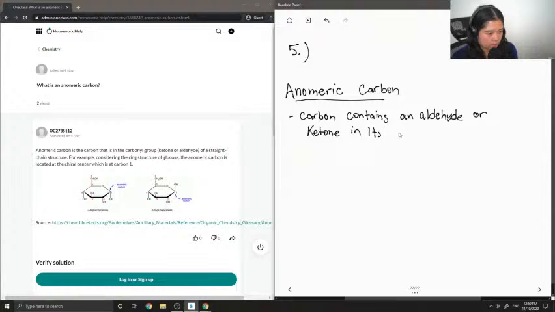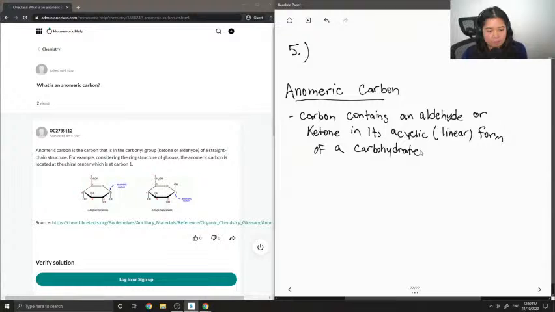in its acyclic form. So acyclic means that it's linear. Of a carbohydrate. So carbohydrates can either be in a cyclic or an acyclic form.